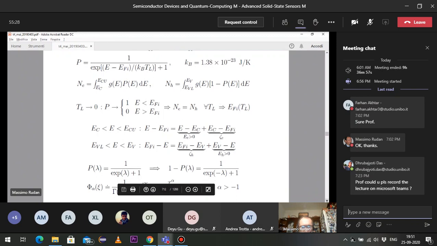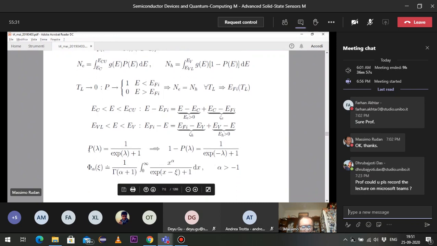In this case, lambda has nothing to do with the parameter of the gamma function. Lambda is just the argument of the Fermi statistics written in short notation. So the Fermi statistics is P of lambda equal to 1 divided by the exponential of lambda plus 1.